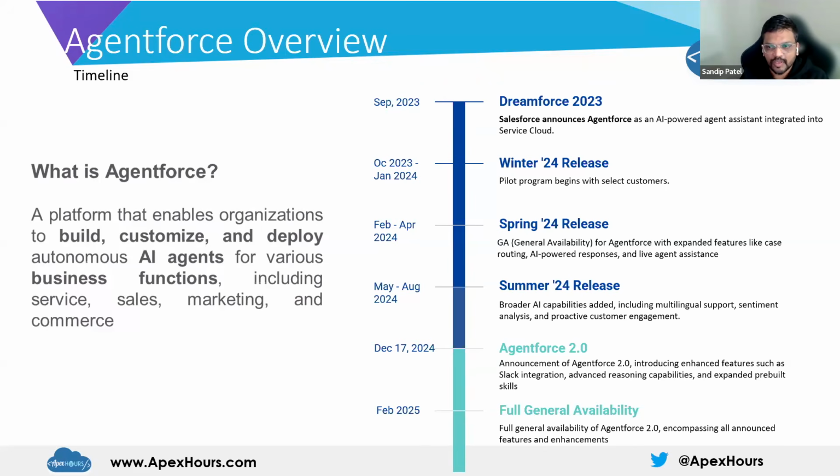It could be your service agents, sales agents, marketing agents, and so on. Right now it is generally available, and we can build agents for all of the Salesforce clouds.